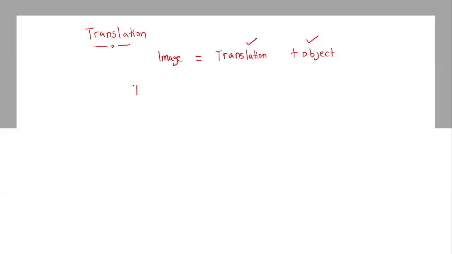Take an example. They can give you your translation as, let me say, (1, 2), and they have given you your object maybe as (3, 2). In order for you to know by what distance this object was displaced from its original position, you'll have to say that my image will equal the translation, which is (1, 2), and then you add it onto your object.